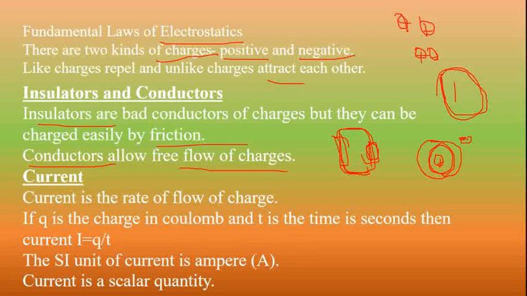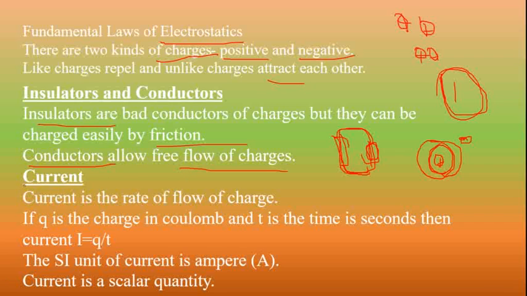Due to that, there will be some free electrons in the conductors. So when any source is brought near them, they are charged and the electrons start flowing. This is the reason why conductors are good conductors of electricity, that means why they have the flow of charges.